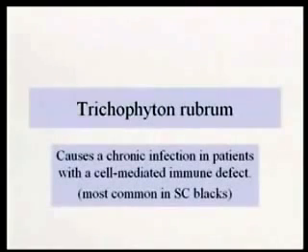According to her findings, T. rubrum is most common in blacks in South Carolina, or at least in the Charleston area. And this is a kerion, K-E-R-I-O-N. They have a big swelling in a patient, not just the hair or the skin.